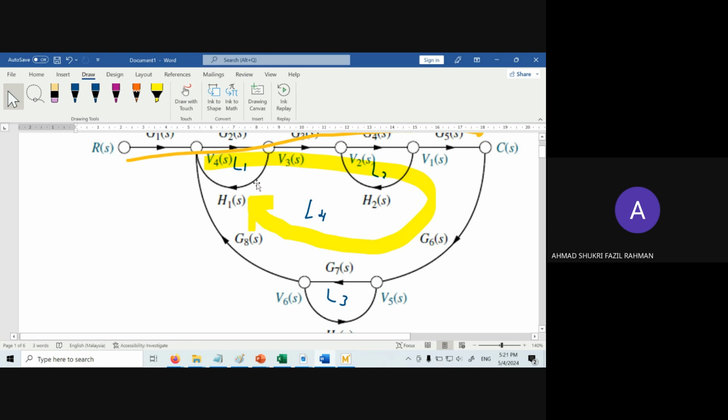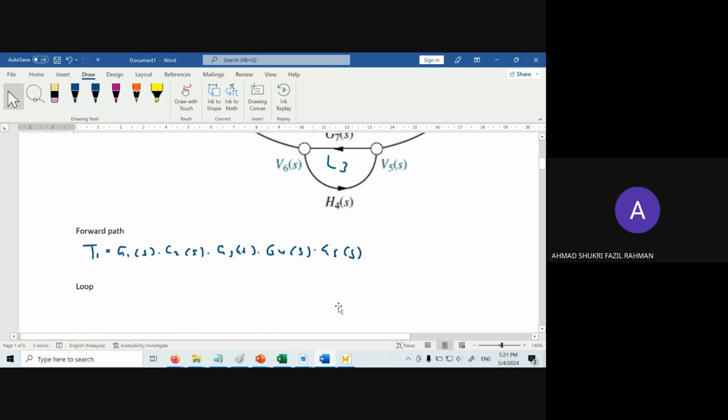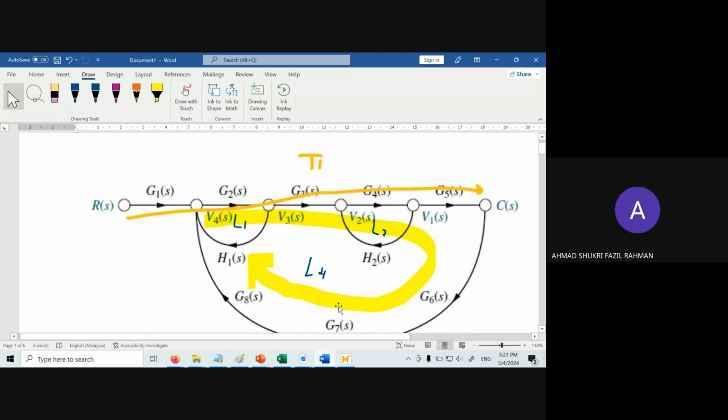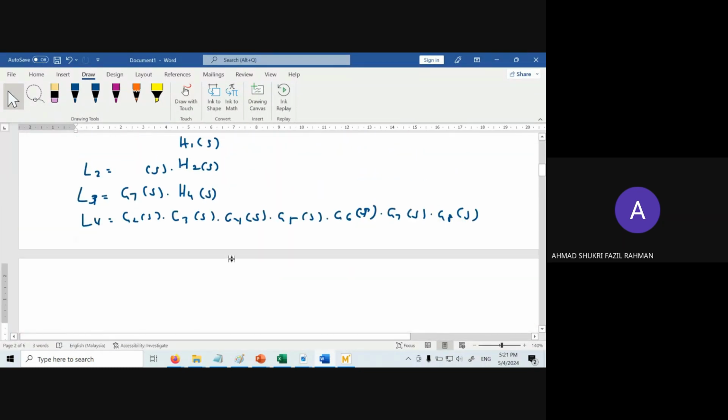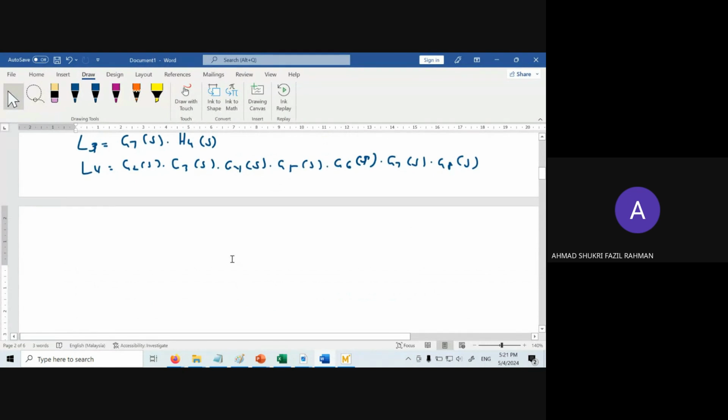So we have only three: L1 and L2, L1 and L3, and also L2 and L3. So we have three sets of two non-touching loops. You can put here two non-touching loops.